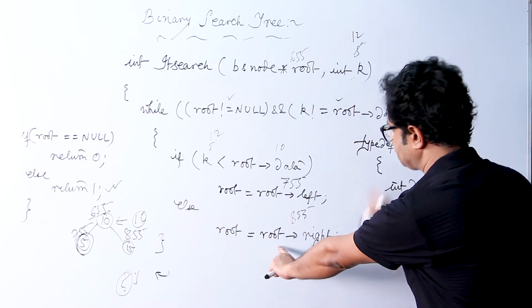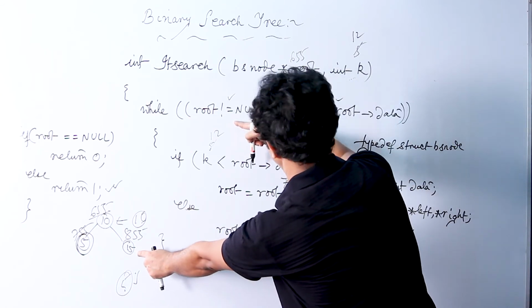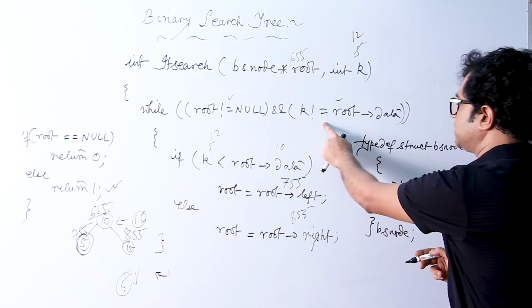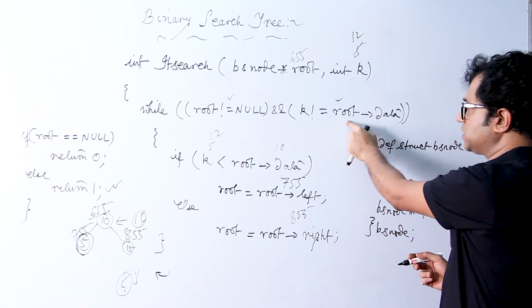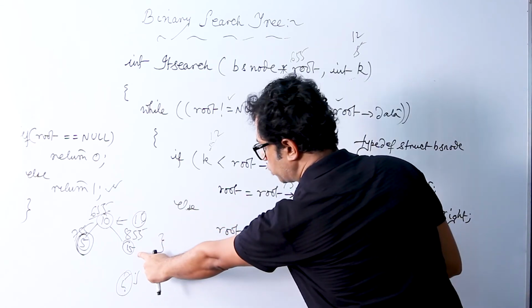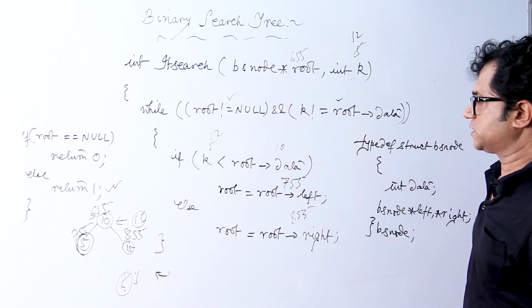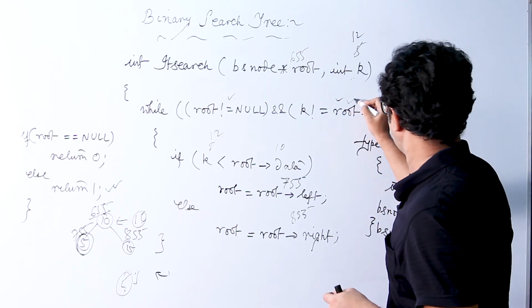Again we try to enter the while loop. Root not equal to null holds, and k not equal to root data also holds. K is 12 and root data is 15. Since k and root data do not match, this condition holds again.